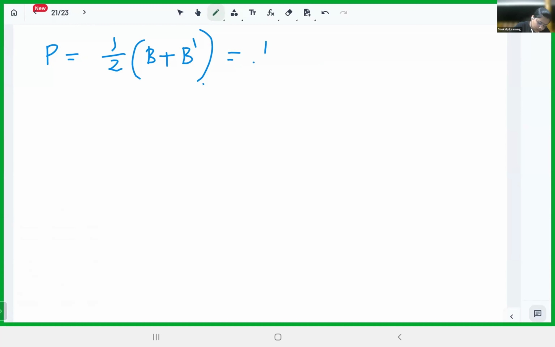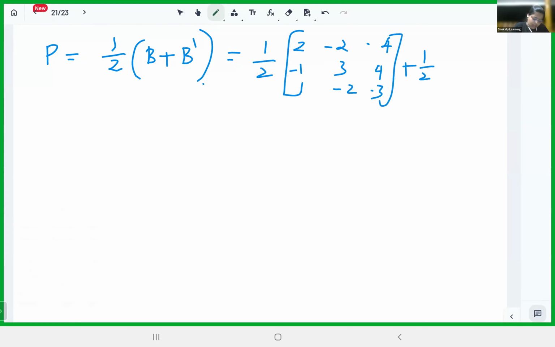That is nothing but half of, you can take this half outside. And what is this matrix B? Matrix B is 2 minus 2 minus 4, minus 1, 3, 4, 1 minus 2 minus 3 plus half of, okay, either you can do like this or you can take this half outside. Okay, that's better, I think. Then you can avoid a step.